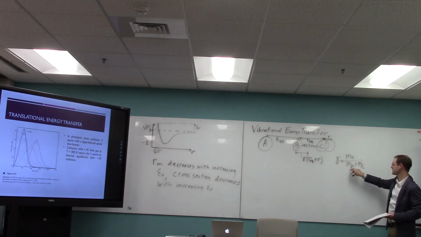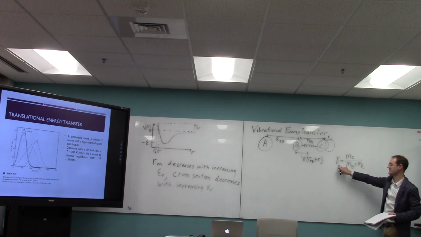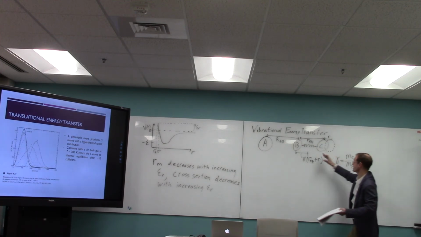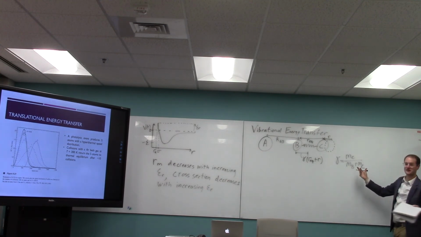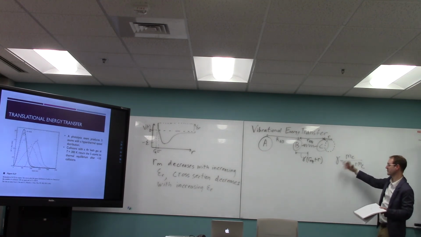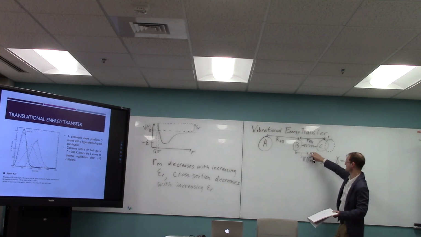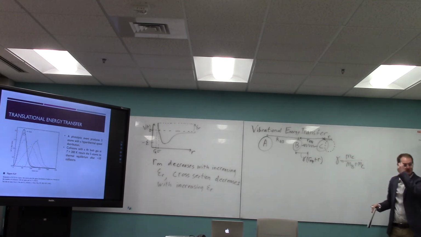If atom B is much heavier than atom C, then this gamma is going to be 0, basically, so the center of mass is going to be close to B. If B and C have exactly the same mass, then gamma equals 1/2, and so the center of mass is halfway between. Okay, so does that make sense?